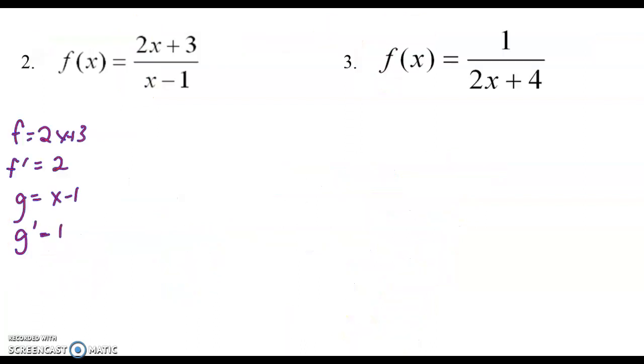So flipping the page then, I've already defined the parts of the function. I've written down f, that's the numerator. I've found the derivative of f. I've written down g, the denominator, and found the derivative of g.